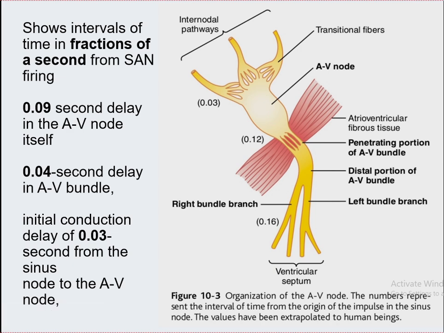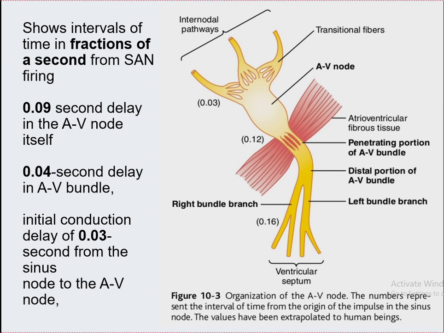From the sinoatrial node, the impulse has come to the internodal pathways. By around 0.03 seconds, it has already reached the atrioventricular node. Meaning from the 0.8 seconds that the whole cardiac cycle takes, only 0.03 has passed when it is at the AV node.